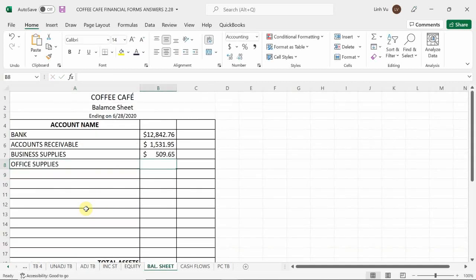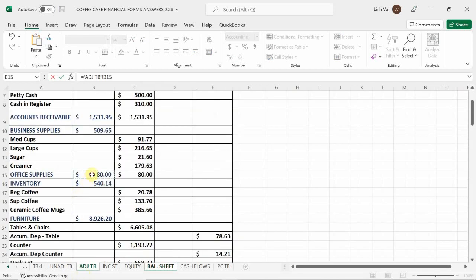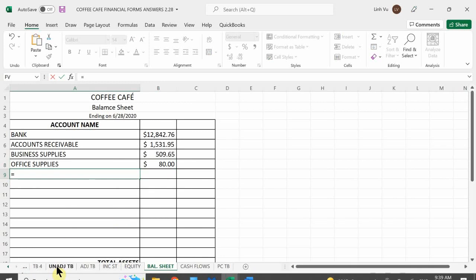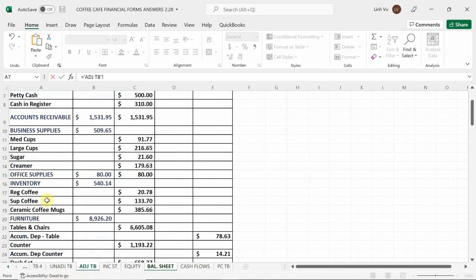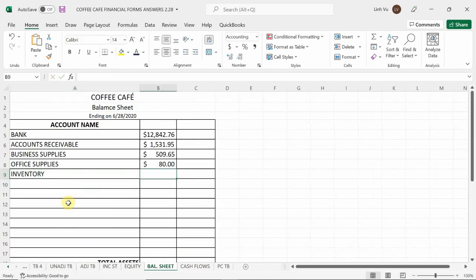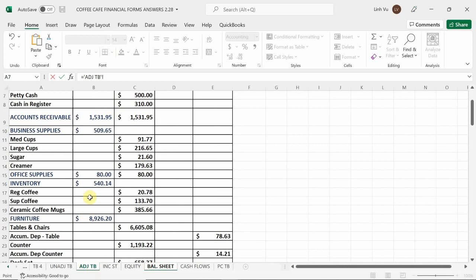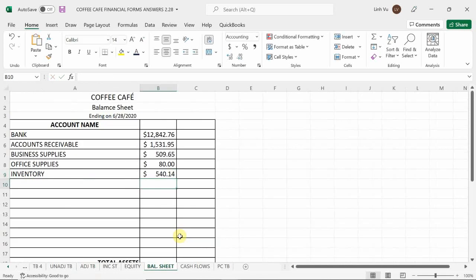I have $80. After that, I have my inventory, right? Which is currently at $540. Okay?